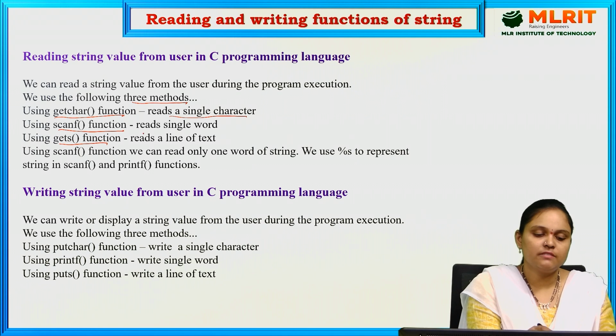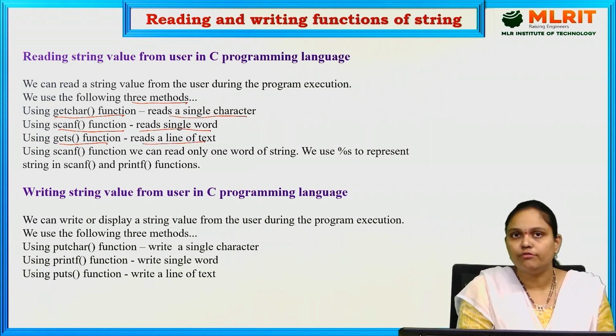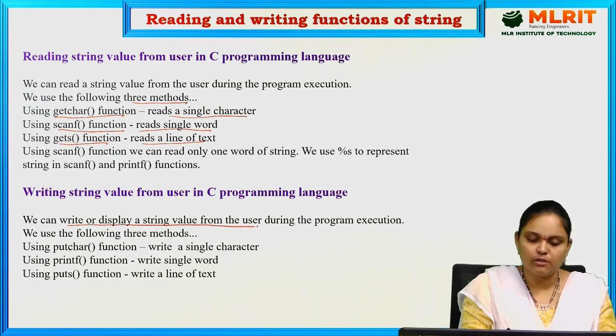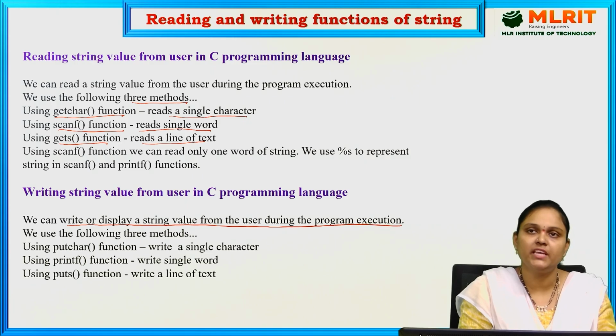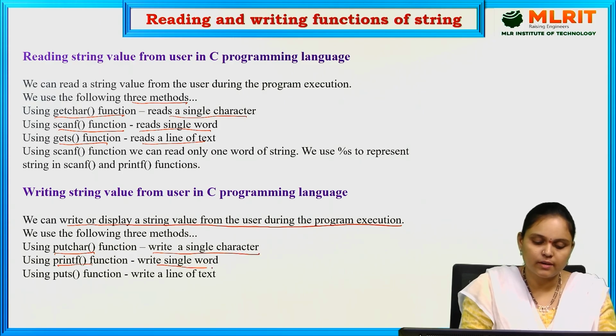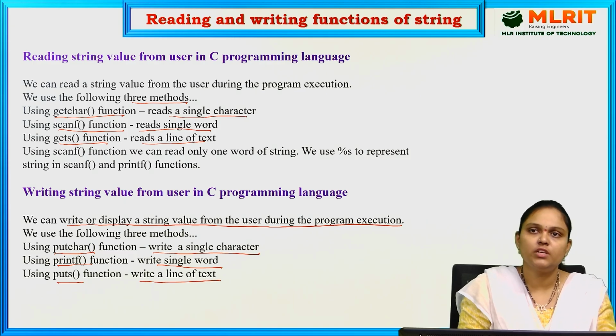And the next, the scanf statement reads only a single word. The gets statement reads a line of text. And the next, the writing functions write or display a string value during the program execution. Here we have 3 functions: the putchar function, with which we can write only a single character; the printf function, with which we can write a single word; and by using the puts function we can write a line of text, or a paragraph also.